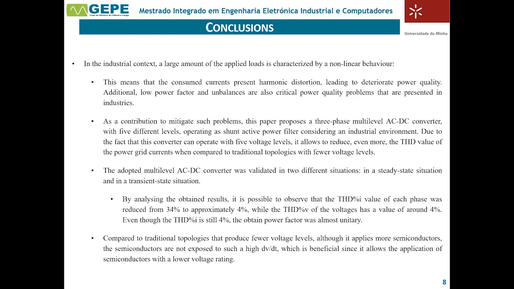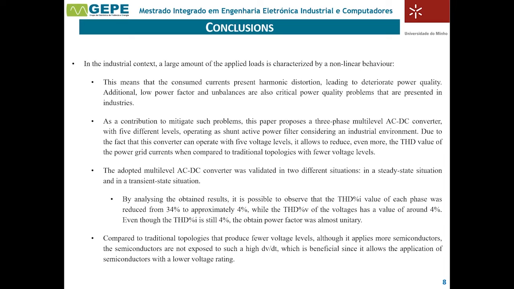In the industrial context, a large amount of the applied loads are characterized by a nonlinear behavior. This means that the current consumed presents harmonic distortion, deteriorating the power quality. Additionally, low power factor and unbalances are also critical power quality problems that are present in the industry.